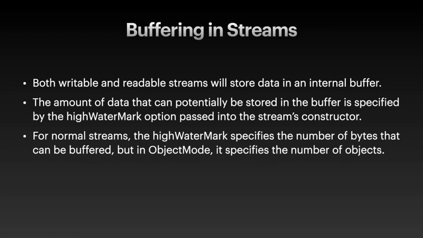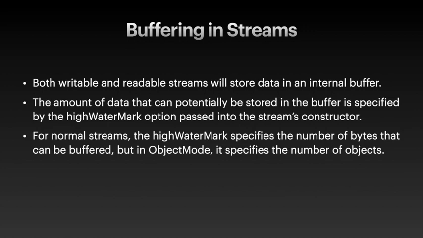And we're going to talk about buffering. Buffering is implemented in Writable and Readable, and hence it is also implemented in duplex and transform, because transform and duplex are built on both, or implement both, Writable and Readable streams. So this data is stored in something called the internal buffer, and the amount of data that can be stored in this internal buffer is defined by a property called high watermark, and this is a threshold.